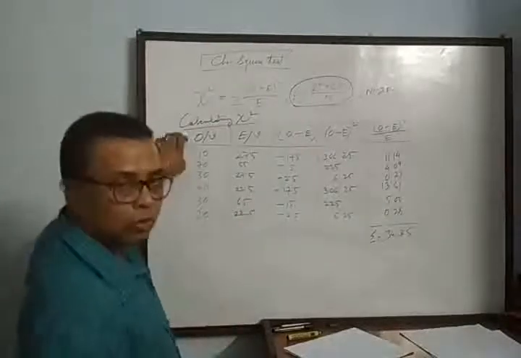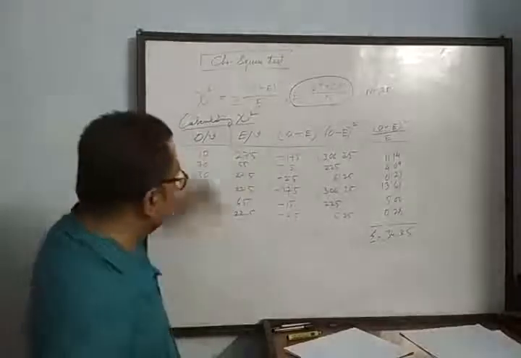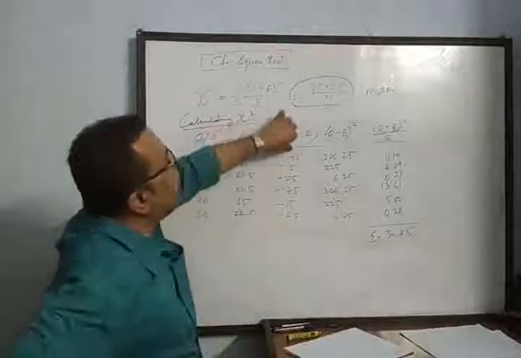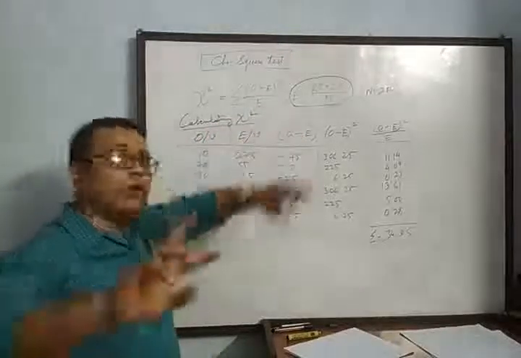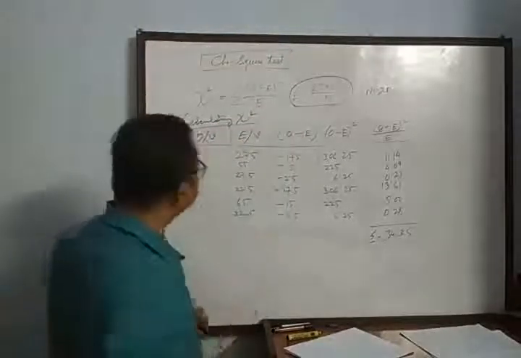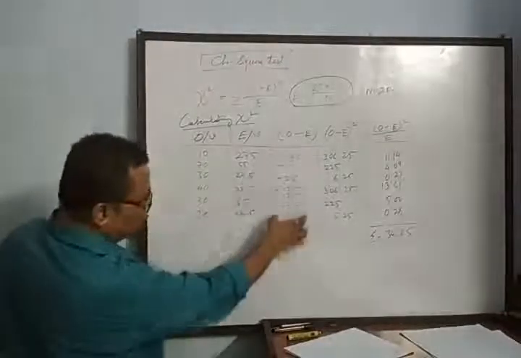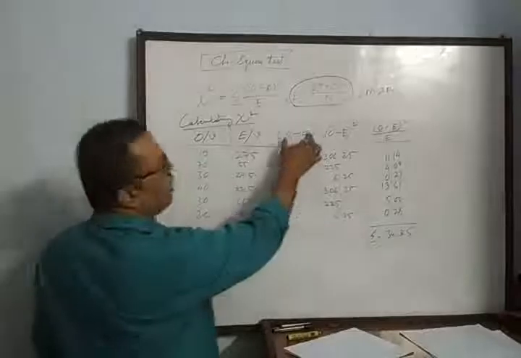Now O minus E, that is 10 minus 27.5, it's coming minus 17.5. You will also calculate and verify the answer. 70 minus 55 plus 15. Like this we have got the values, that is O minus E.